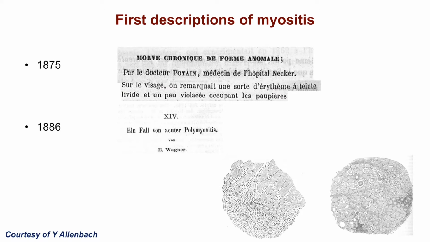Then polymyositis was first used at the end of the 19th century by a German doctor. At that time photography didn't exist, but he could draw what he saw on one of the first microscopes, and you can see here the inflammatory infiltrates within the muscle.